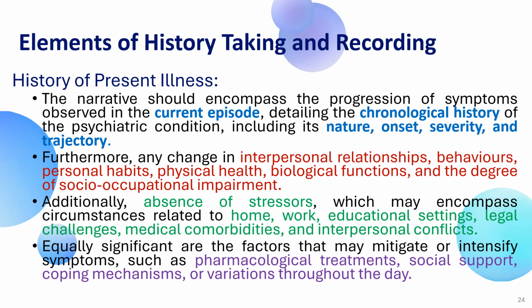Biological functions like sleep, appetite, and sexual functions should also be recorded, along with the degree of socio-occupational impairment due to the illness. Additionally, the absence or presence of stressors should be recorded, which may encompass circumstances related to home, work, educational settings, legal challenges, medical comorbidities, and interpersonal conflicts.